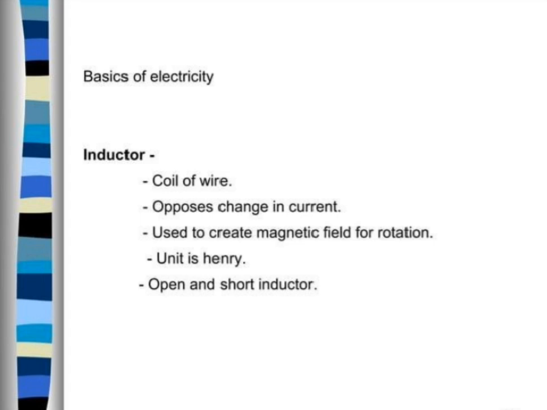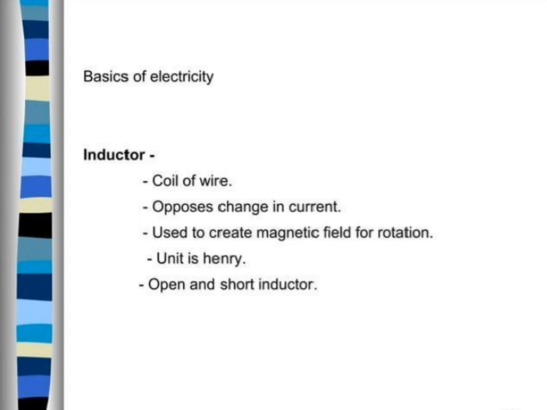So when we say inductor, these are a coil of wire typically wrapped around a magnetic core that stores energy in a magnetic field when an electric current flows through it.